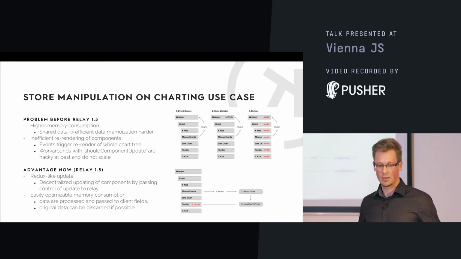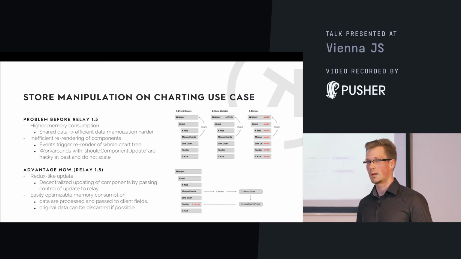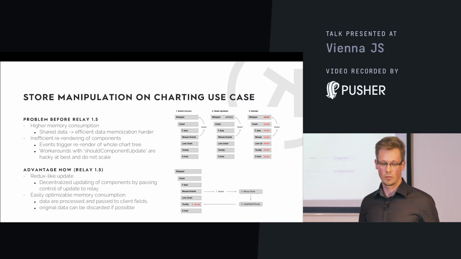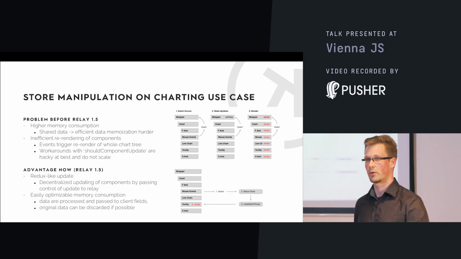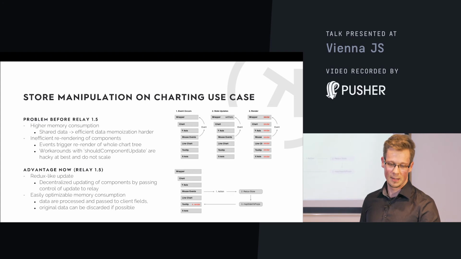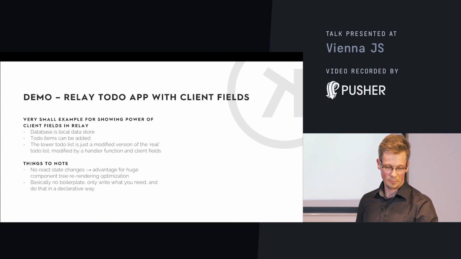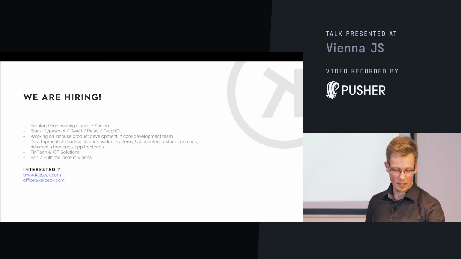You don't have to do anything, just declare this client field thing and write the update handler yourself, and everything else is taken care of by Relay itself. And it really works, as you could see in this very easy example before. This is the demo I showed you before.